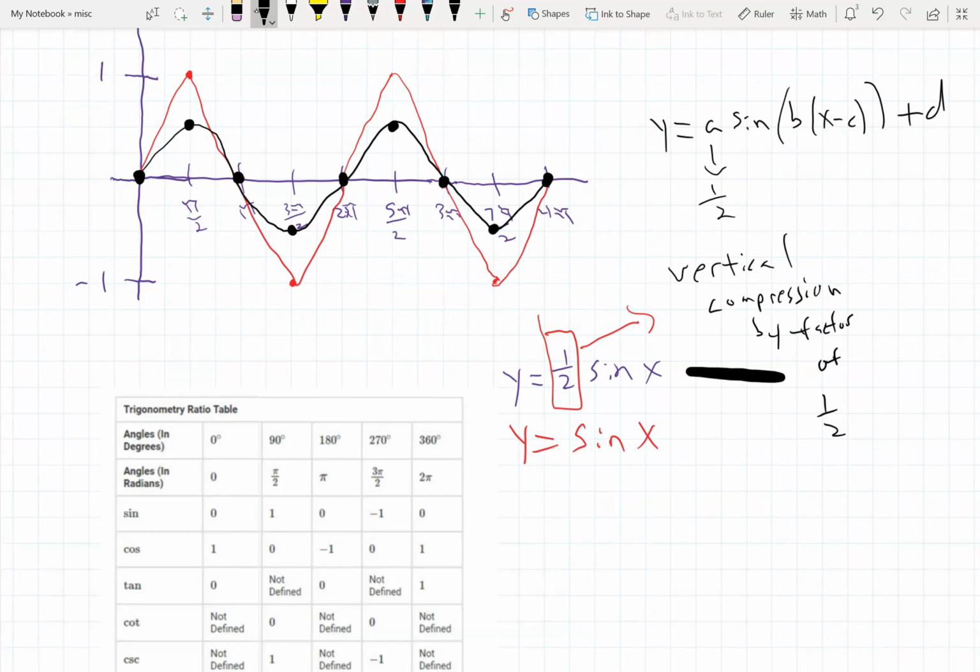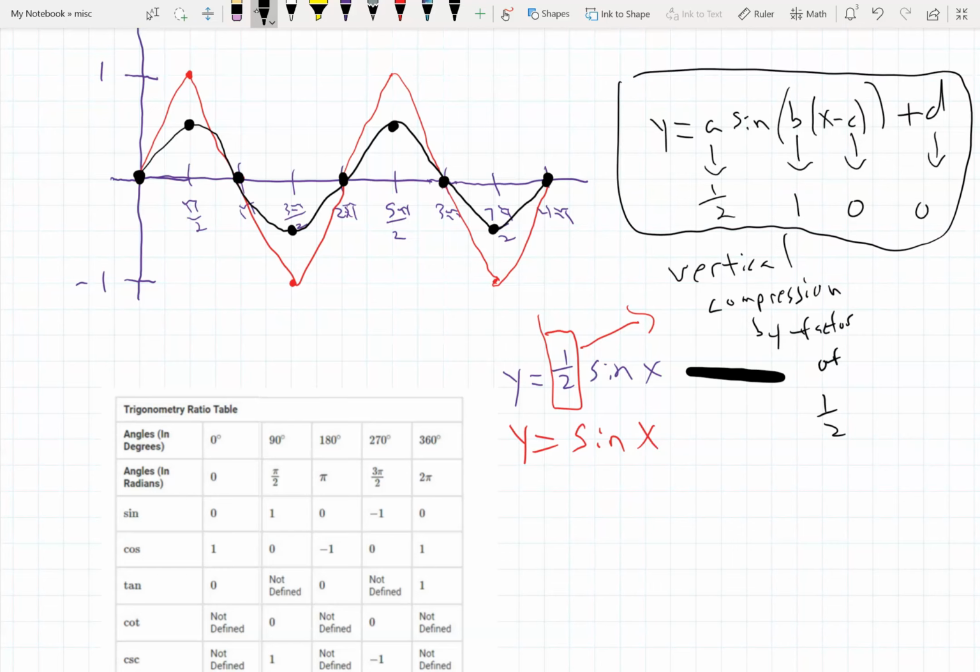There's like a 1 multiplier. There is no number added or subtracted inside with the x, so c is 0. In d, there's no number added outside, so d is 0. So those are what we call the parameters. The only change we have is this a multiplier of 1/2. Multiplying by 1 is no change. Subtracting 0, no change. Adding 0, no change. The only change we have is that a.